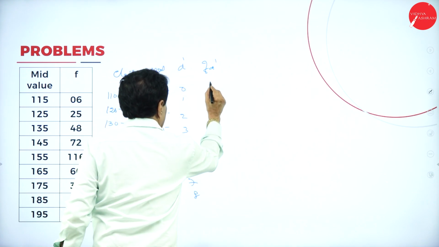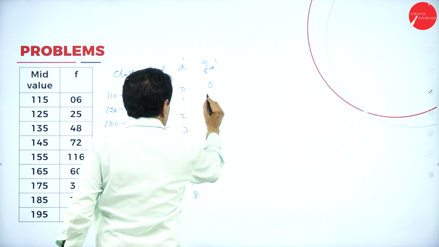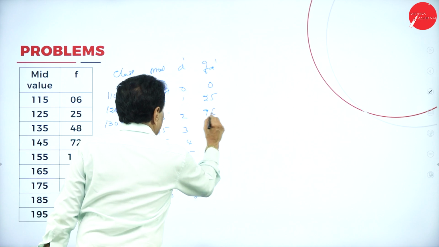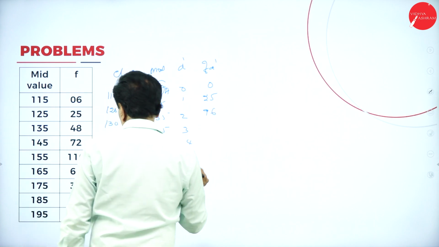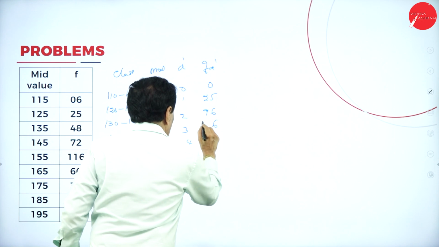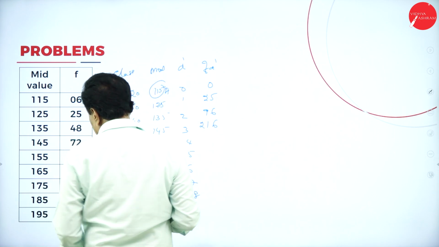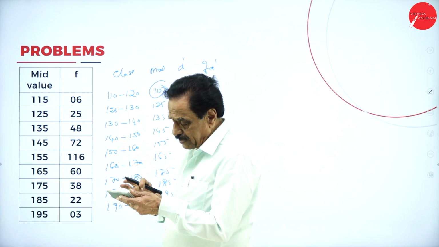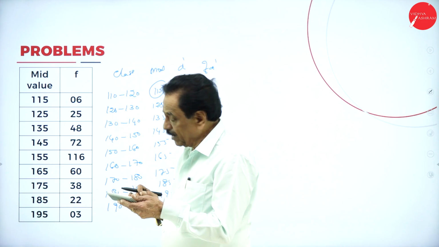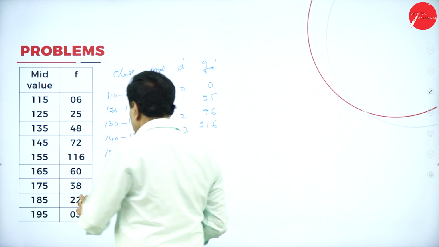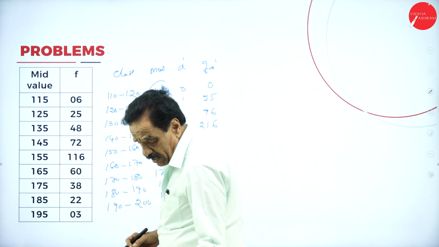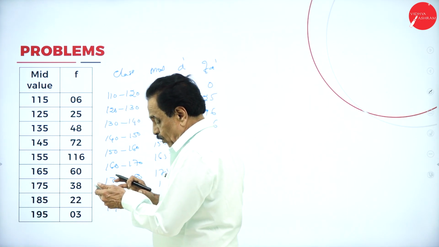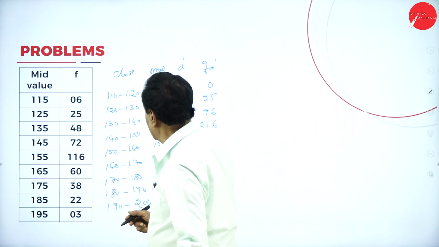6 into 0 is 0. 25 into 1 is 25. 48 into 2 is 96. 72 into 3 is 216. 116 into 4 is 464.